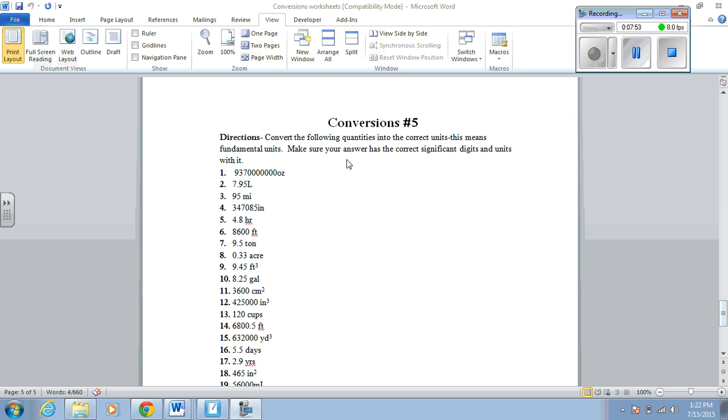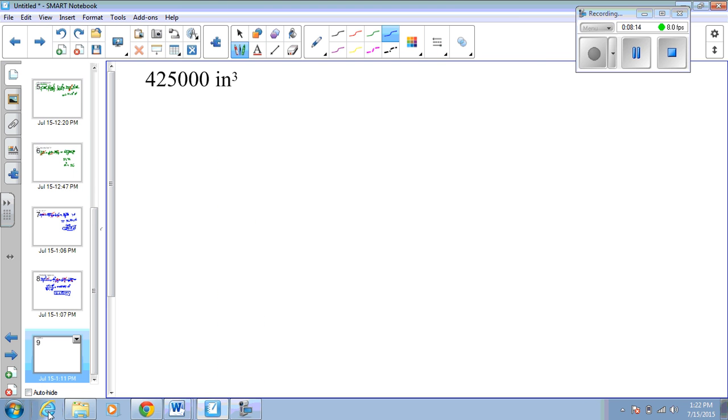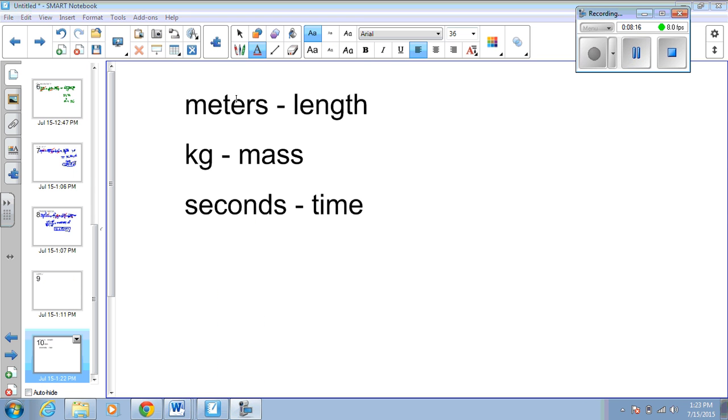The last one is conversions number 5. It says convert the following quantities into correct units. This means fundamental units. Our fundamental units are meters, kilograms, and seconds. Meters is for length, kilograms for mass, seconds is for time.